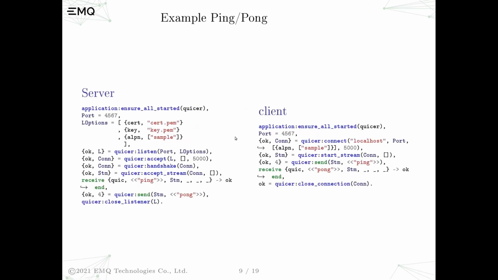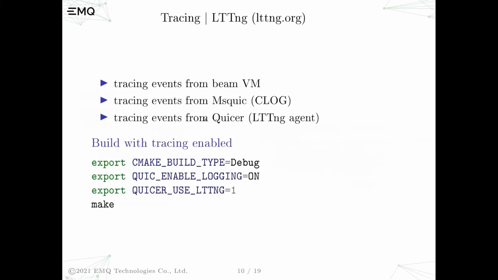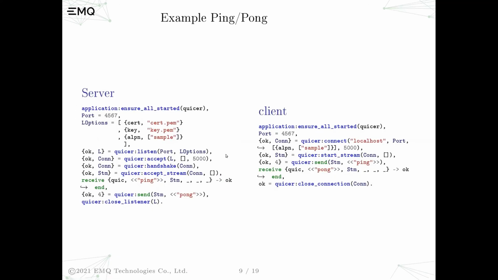Here is a quick example of how a server and client do a ping pong message. I will go through it quickly. Basically you start the application to initialize the library and load some configuration. Then you listen and accept, finishing the handshake.